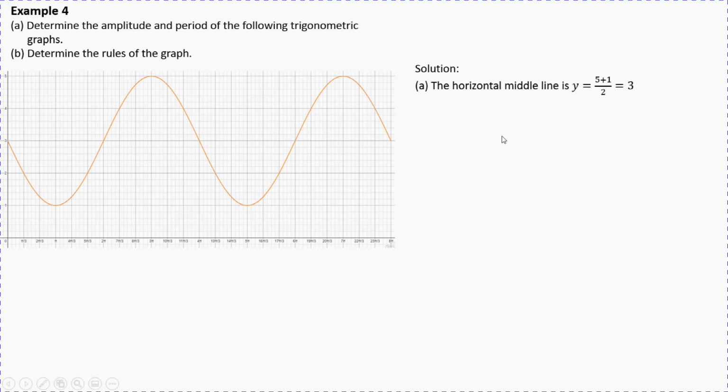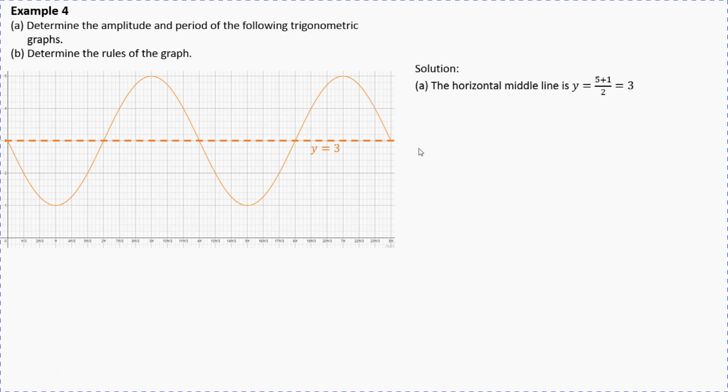So again, for the horizontal middle line, you find the highest point and the lowest point, which is from 1 to 5. So the horizontal middle line is (5 plus 1) over 2, which is 3. So y is 3. How about the amplitude? You can quite obviously see that the amplitude should be just 2.